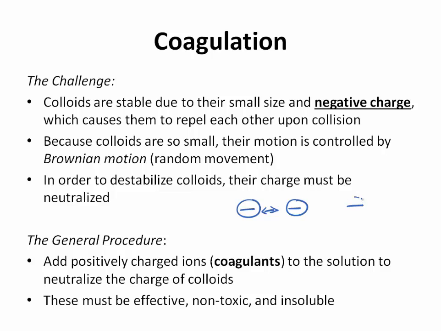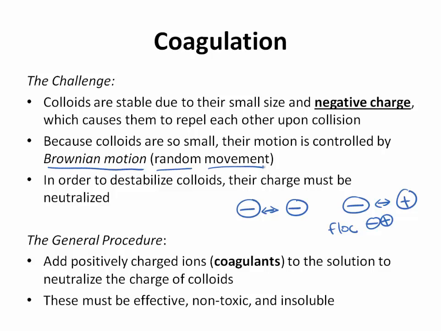If you have a negatively charged particle and a positively charged particle, when they interact, they will stay together and have the potential to create a larger particle. This is the creation of what we refer to as a flock. Before a large flock forms, though, colloids are extremely small, and their movement is controlled by Brownian motion, which is defined as random movement.